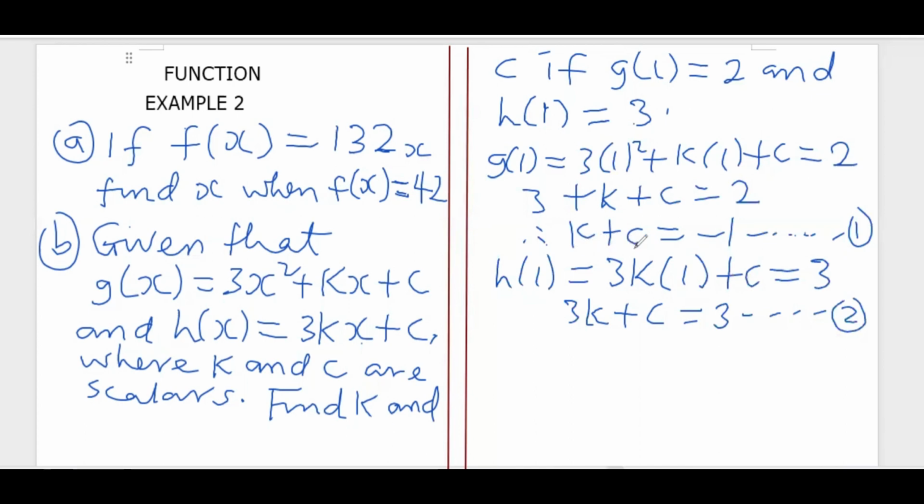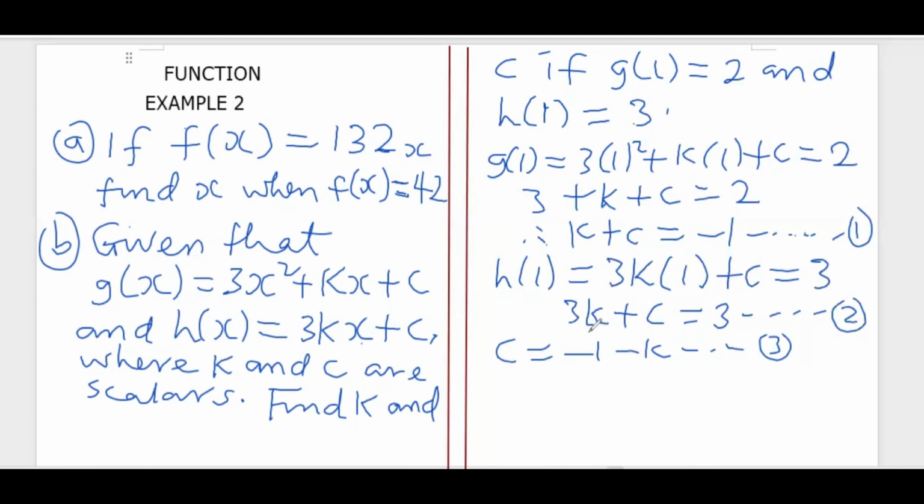From equation 1, I want to make c the subject of the formula. So we have c equals -1 minus k, and I call that equation 3. Since it is equation 1 that gives rise to equation 3, I will substitute in equation 2 for c. Wherever I see c, I replace it with -1 minus k.